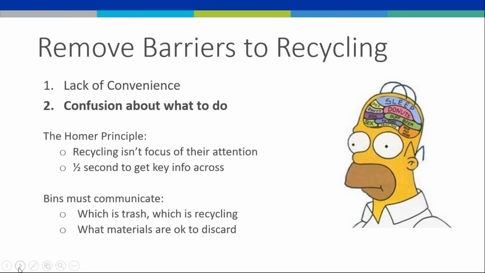The number one barrier, obviously, is lack of convenience. If there isn't a recycling bin on the floor that your office is on, and you have to walk all the way downstairs, you're going to lose a certain percentage of people. The other big barrier is just confusion. Many of you have probably experienced this, where contamination is a huge focus, and it's so important to get people not to throw the wrong items into the recycling bins.